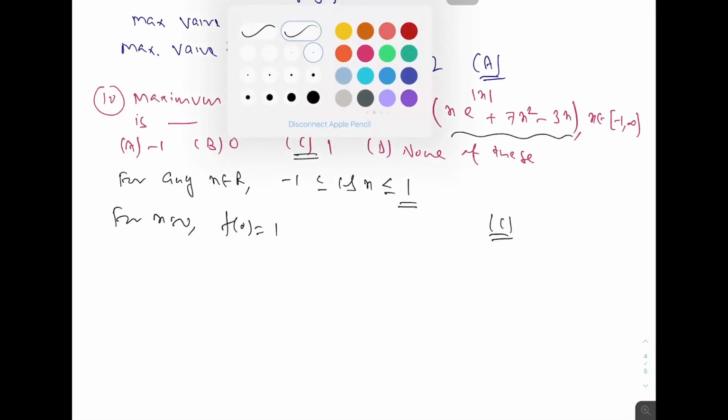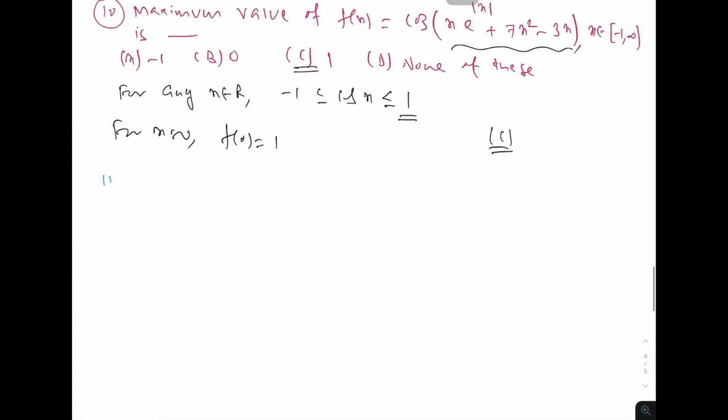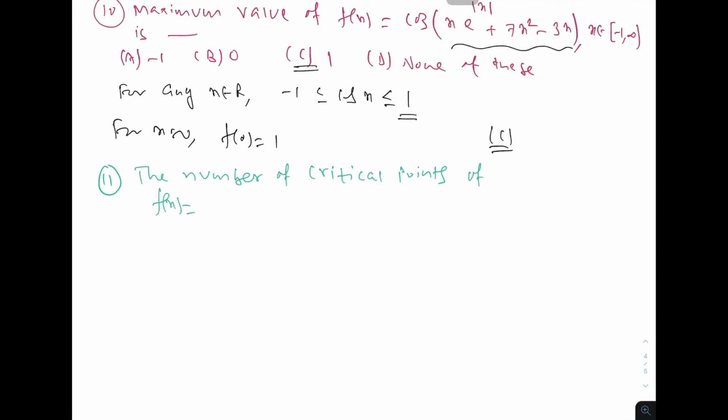Okay, so let us take the next one. The question is the number of critical points of f x equal to modulus of x minus 1 over x square is blank.